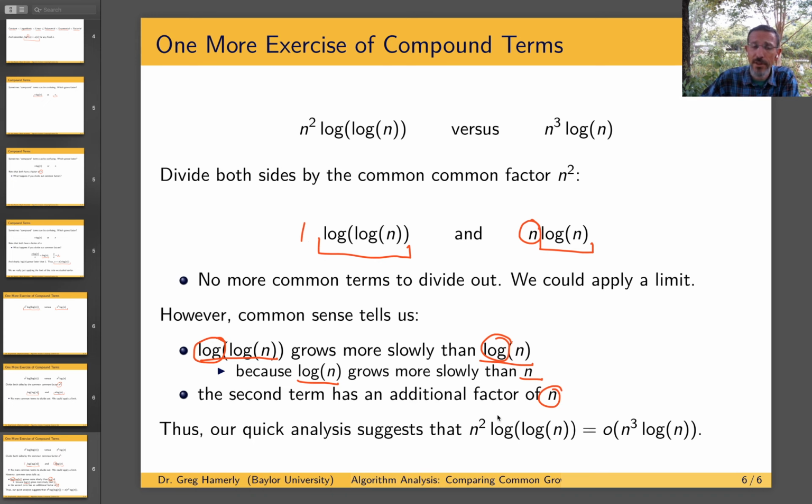So all of this suggests that n log n is growing much more quickly than log log n. So another way of saying that is n squared log log n, which was our original function, is little o of n cubed log n. So these are just some tricks that you can apply, some common sense rules that you can apply to figure out which functions are growing faster than which other functions.